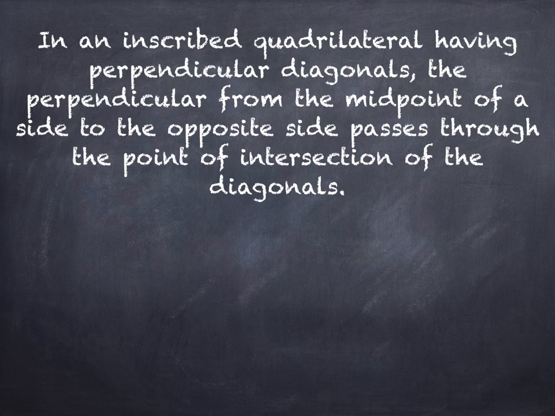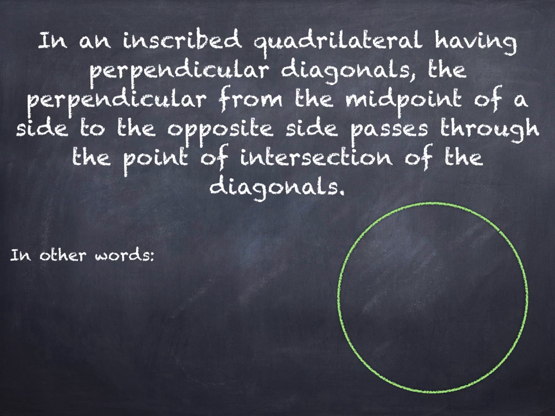Now to discuss the theorem in question, the Brahmagupta Theorem. The Brahmagupta Theorem states that in an inscribed quadrilateral having perpendicular diagonals, the perpendicular from the midpoint of a side to the opposite side passes through the point of intersection of the diagonals. Are you confused? That seems like a very long and confusing theorem, but it's actually really simple. Let's break it down.